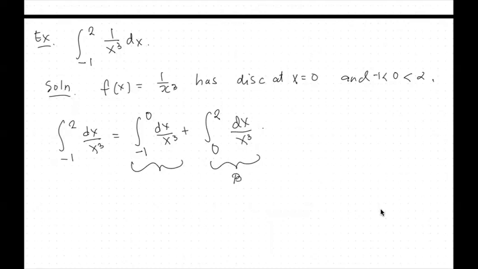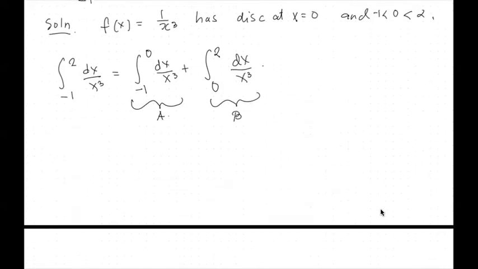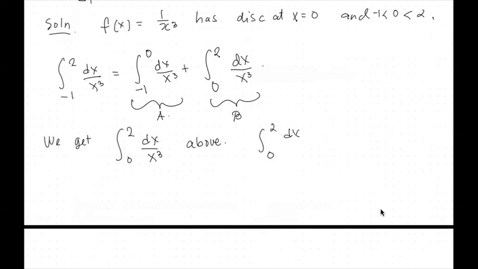This is your B, this is your A. Remember that we already did B. So here, the integral from 0 to 2 of dx over x raised to 3, from above, is divergent.